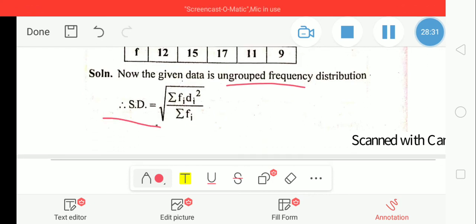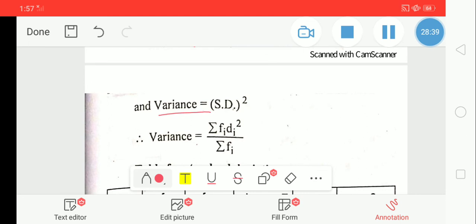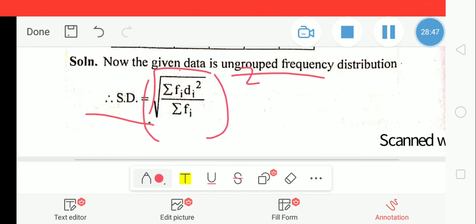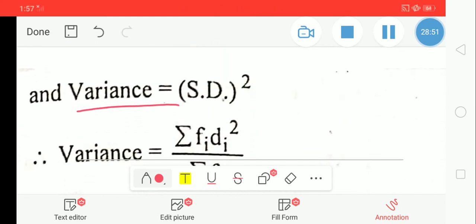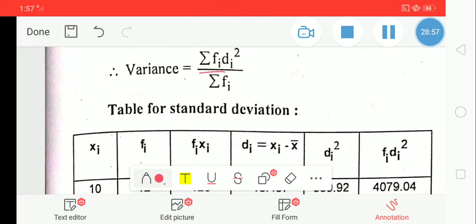So standard deviation is under root summation fi di square divided by summation of fi, and variance is equal to standard deviation square. So under root and whole square, this under root gets cancelled. So variance is equal to summation of fi di square divided by summation of fi.